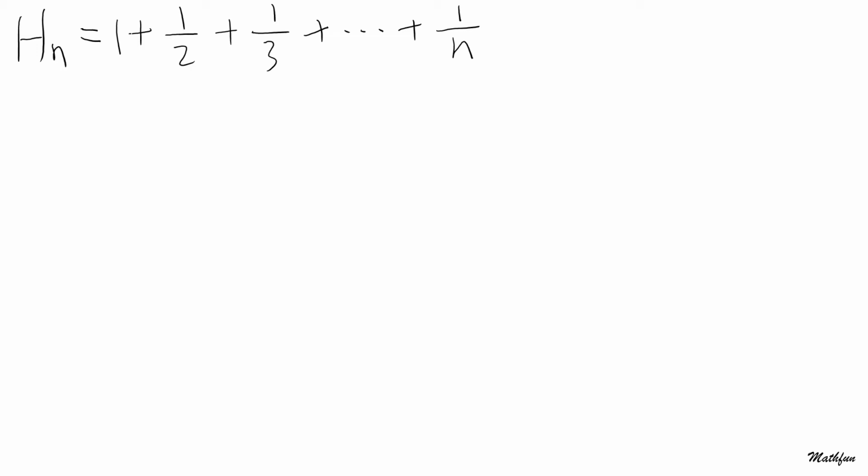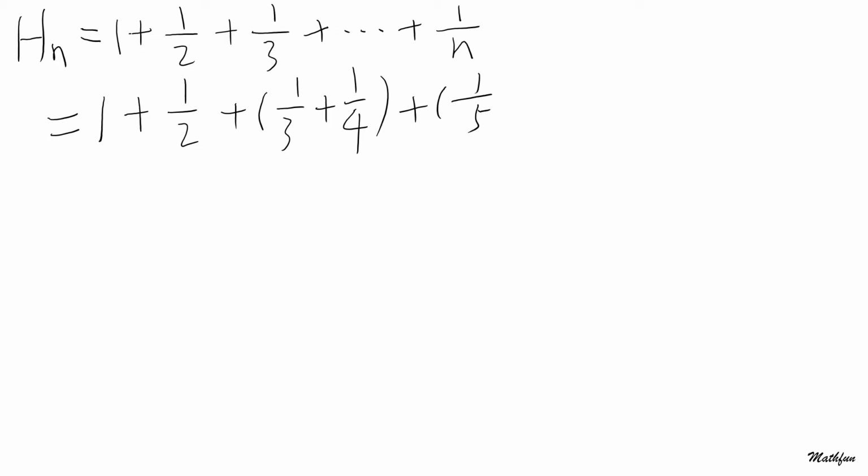So how can we do that? We're going to write it this way. We're going to copy 1, we're going to copy a half. Now, for a third and a quarter, we're going to combine them. And the next one is 1/5, 1/6, 1/7, and 1/8.